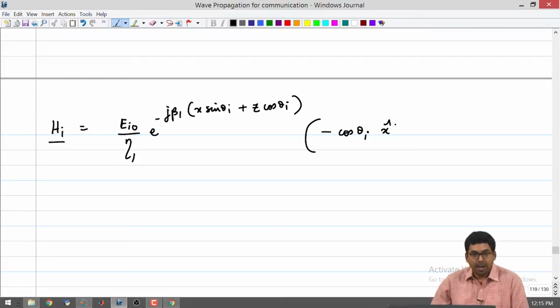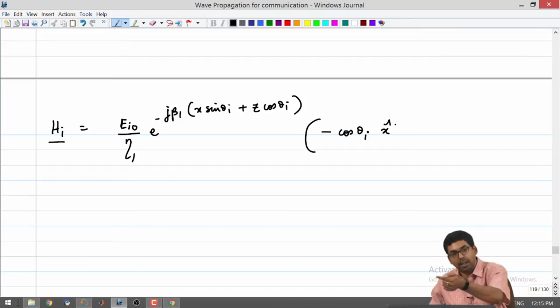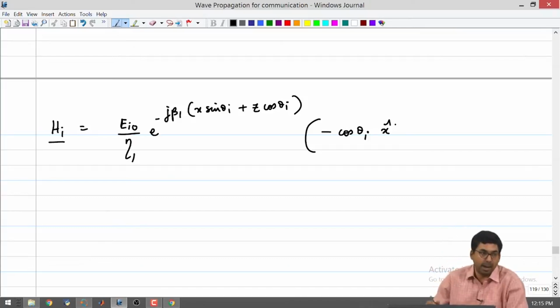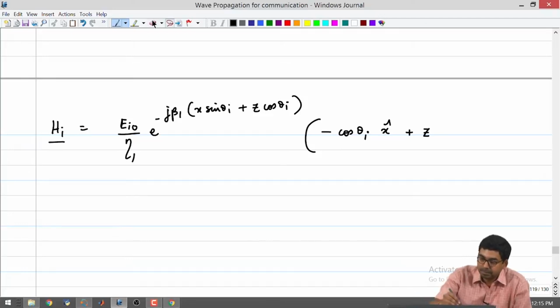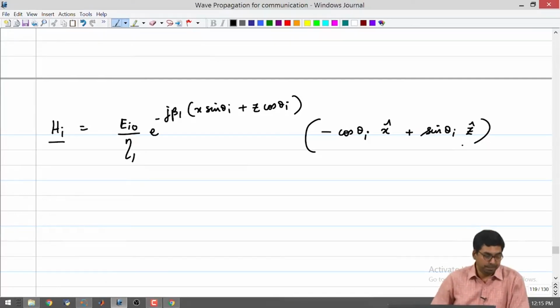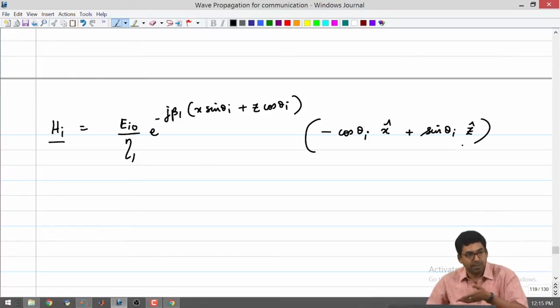And the z component was pointing in the direction of the positive z axis, and that value was sin theta I. So, I have plus sin theta I z hat. Okay, so this completes the description for the incident fields.